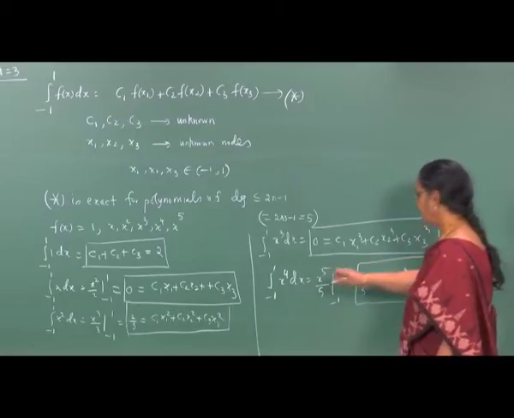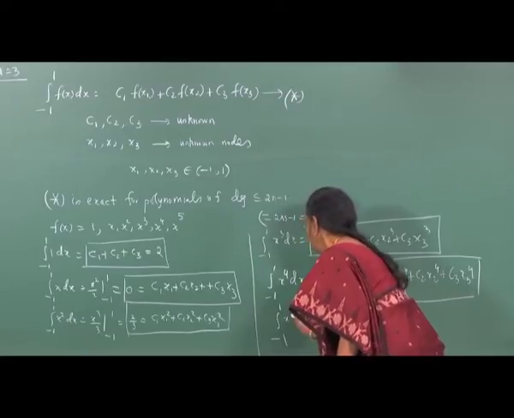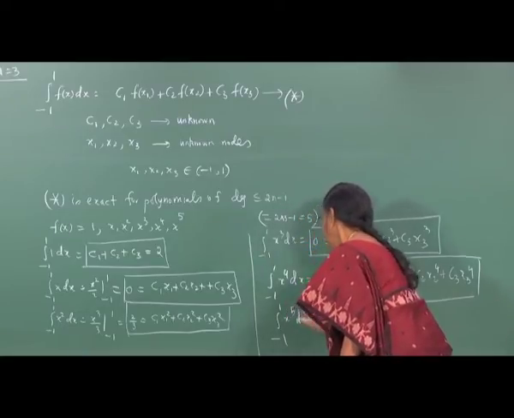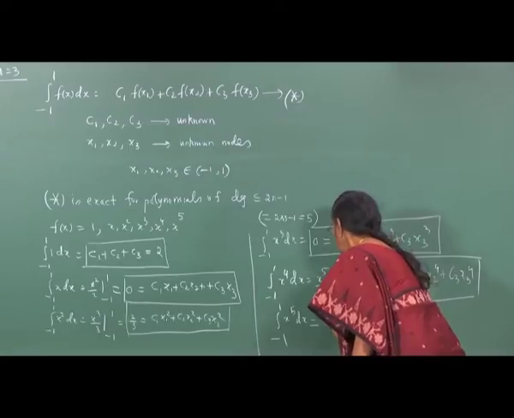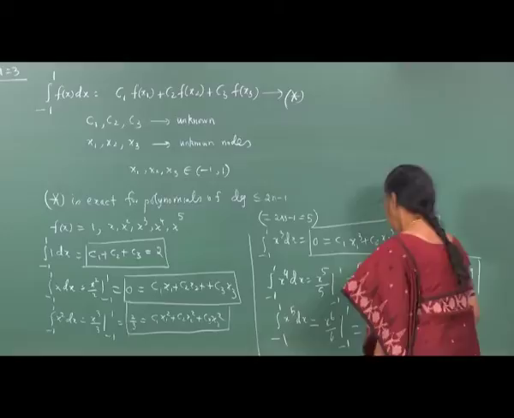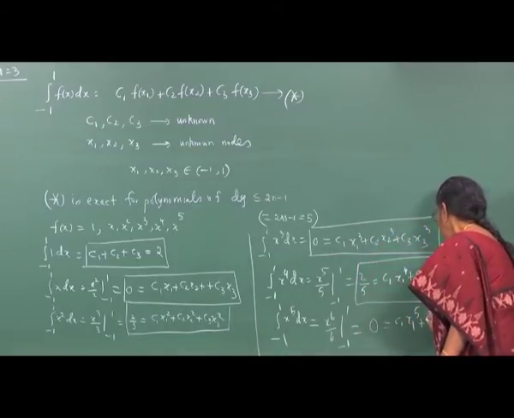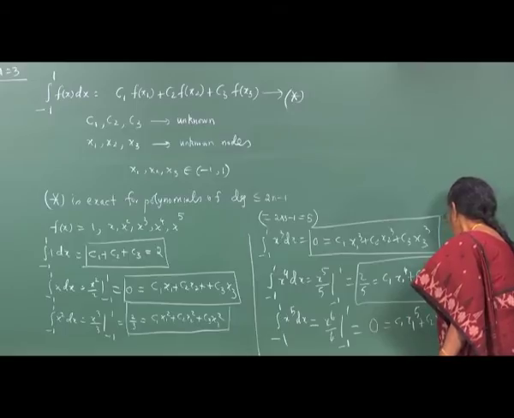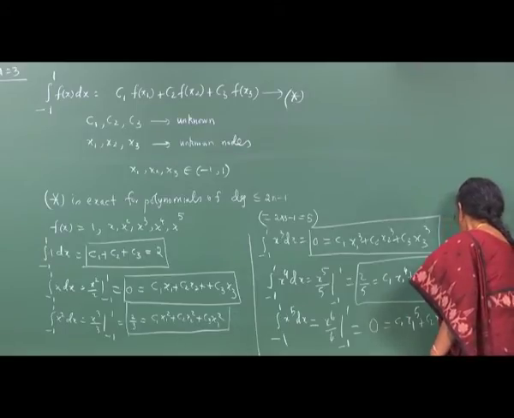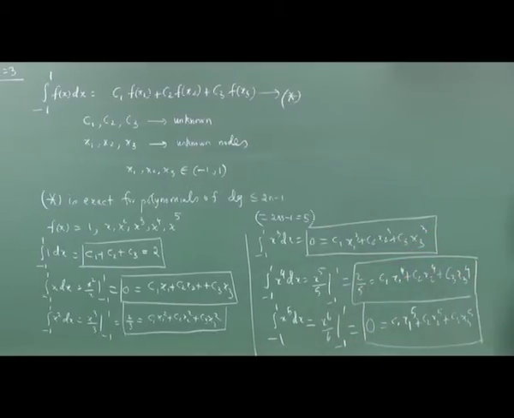And the final condition is given by integral minus 1 to 1 x power 5 dx, which is x power 6 by 6 between minus 1 and 1, and that will be 0, and that is equal to c1 x1 power 5 plus c2 x2 power 5 plus c3 into x3 to the power of 5. So, this gives you the sixth equation.